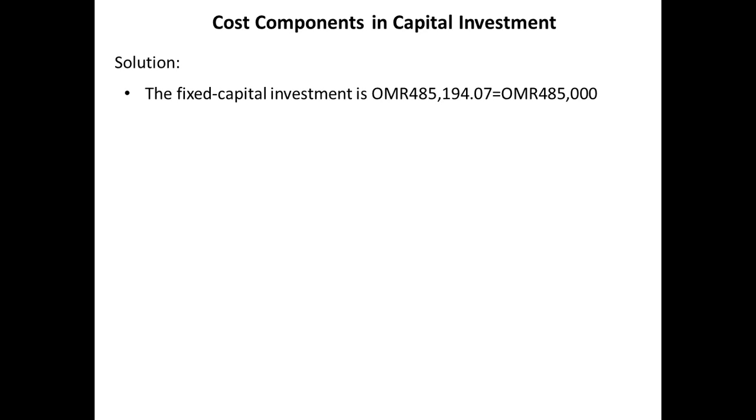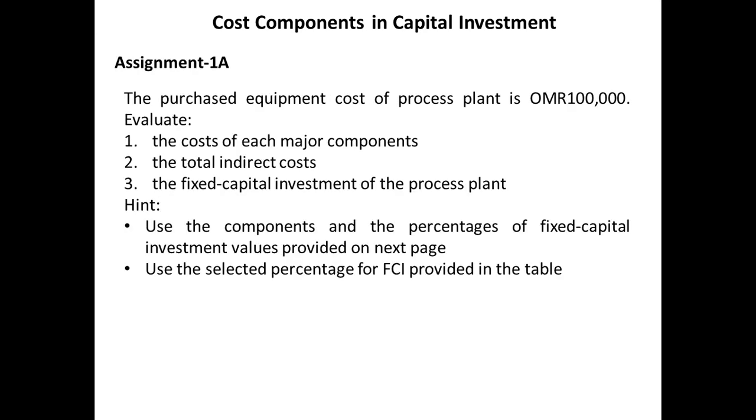Estimating fixed capital cost and component cost using one of the process plant components is a very easy calculation that I believe one can easily manipulate and find the solution to. So I'm going to give you an assignment. It's the same. All I need here is to see your level of understanding, with just a little change in the question.